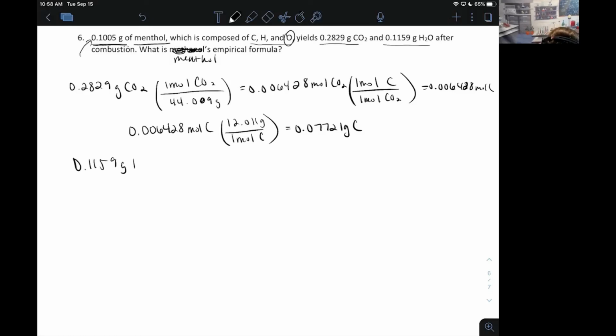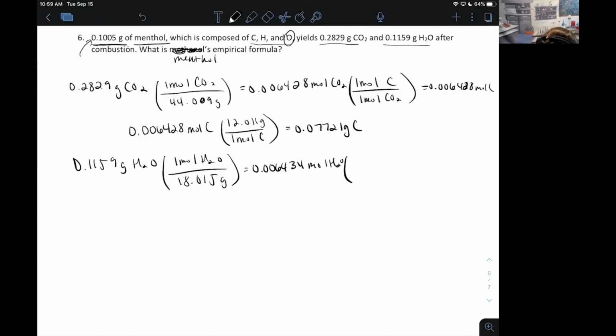Then we're going to take our water, 0.1159 grams of water. 1 mole of water has a mass of 18.015 grams. Giving me 0.006434 moles of water.